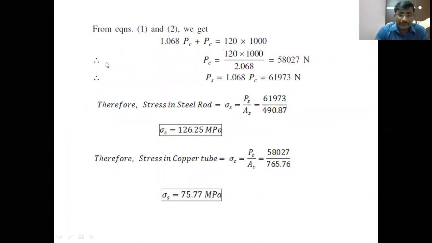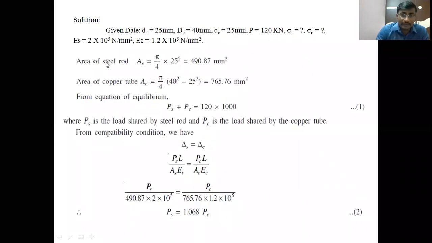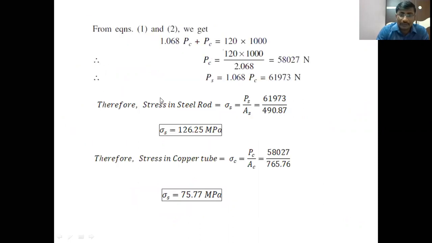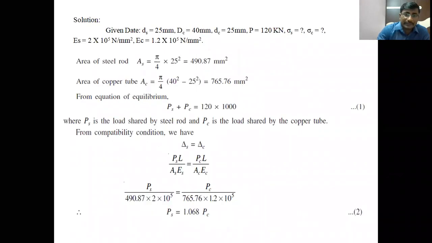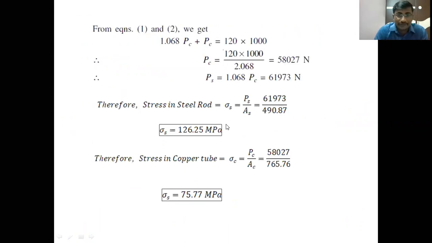So from these two equations, the equilibrium equation, equation 1, and the compatibility equation, equation 2, we can analyze the load shared by each material, upon substitution of PS, that is PS equal to 1.068 PC, in equation 1. So 1.068 PC plus PC equal to 120 into 1000.